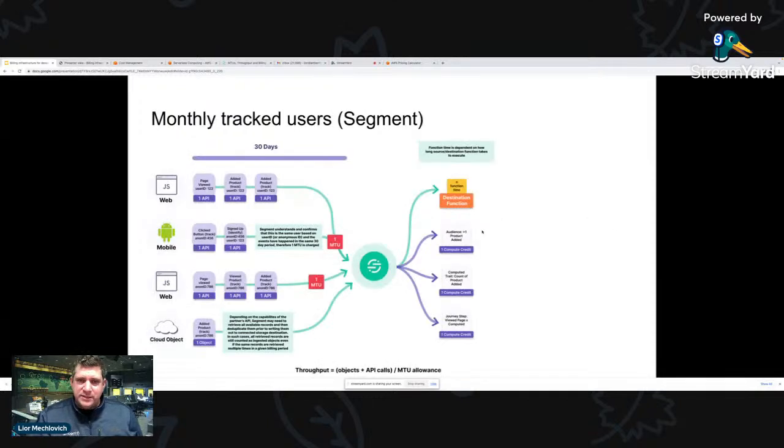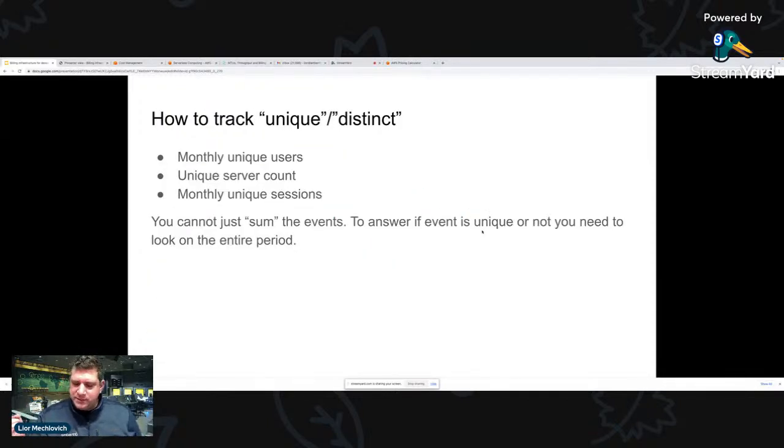And maybe a nice example for unique: we see a lot of companies that are trying to price based on unique server count, like Datadog, how many unique servers you had, or monthly unique sessions, or monthly unique users, which is not a sum. If you think about it, for every event that comes to the system, you need to make sure you didn't already count it for the entire period.